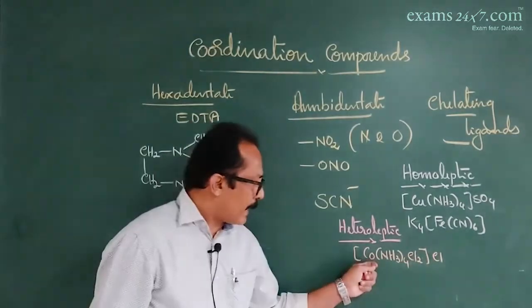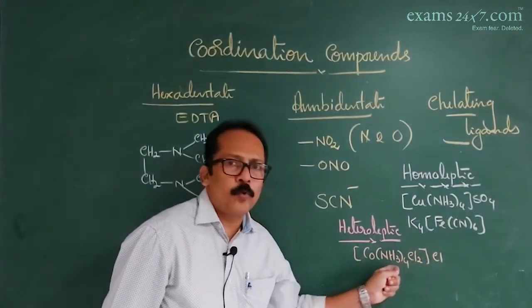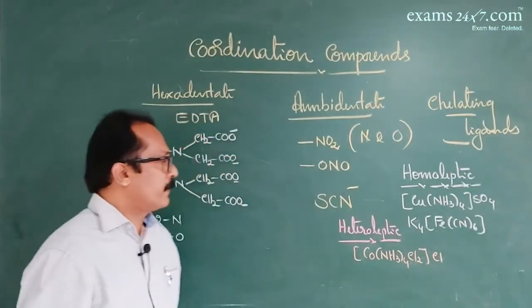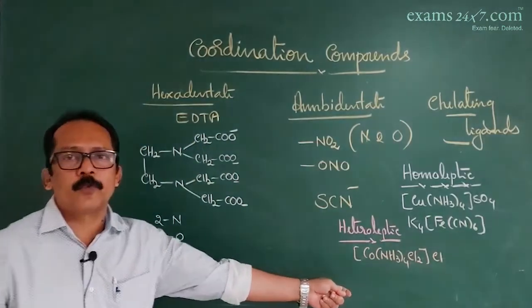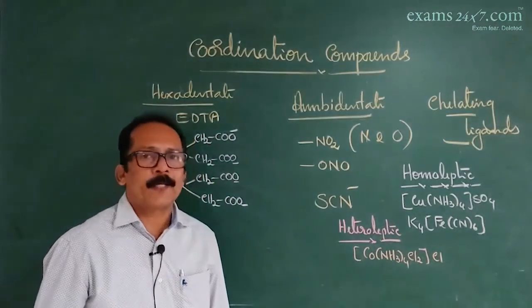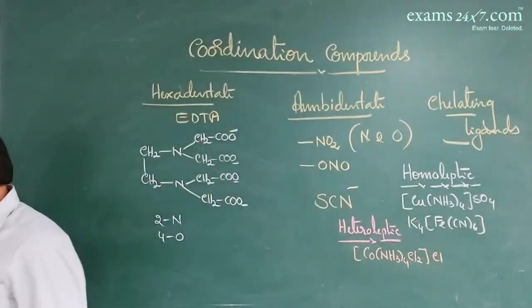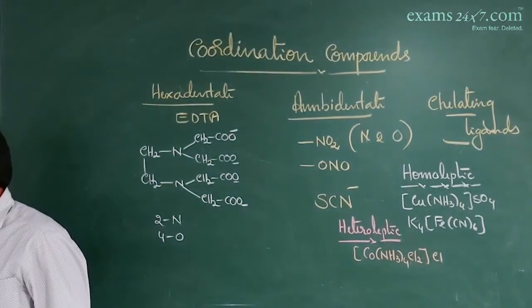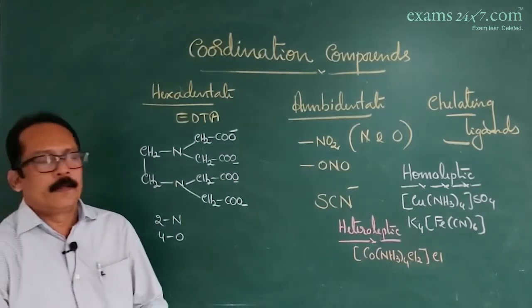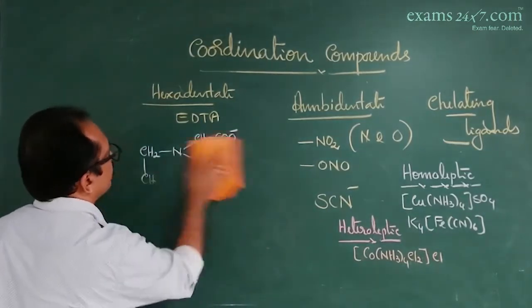So central metal atom is bonded with two different ligands. Such kind of complex, two or more, but here only two different ligands, is an example for heteroleptic complex. So this classification is based on the types of ligands.